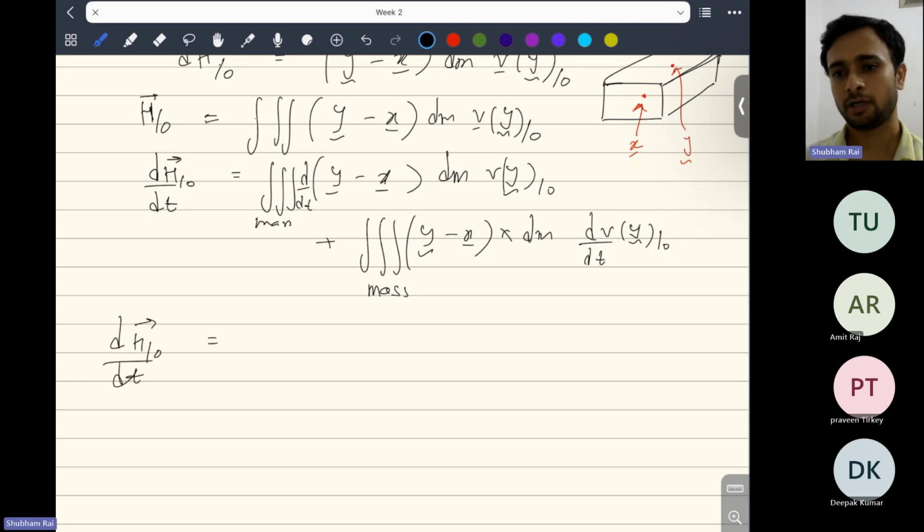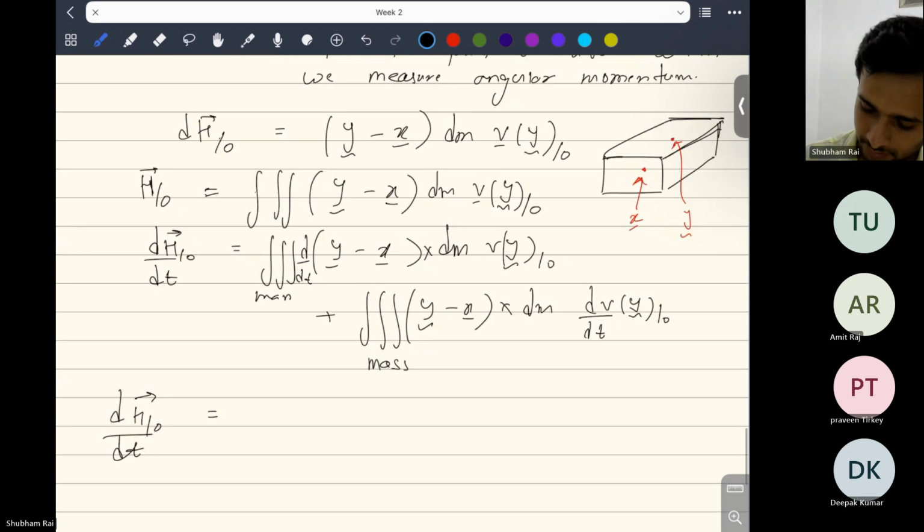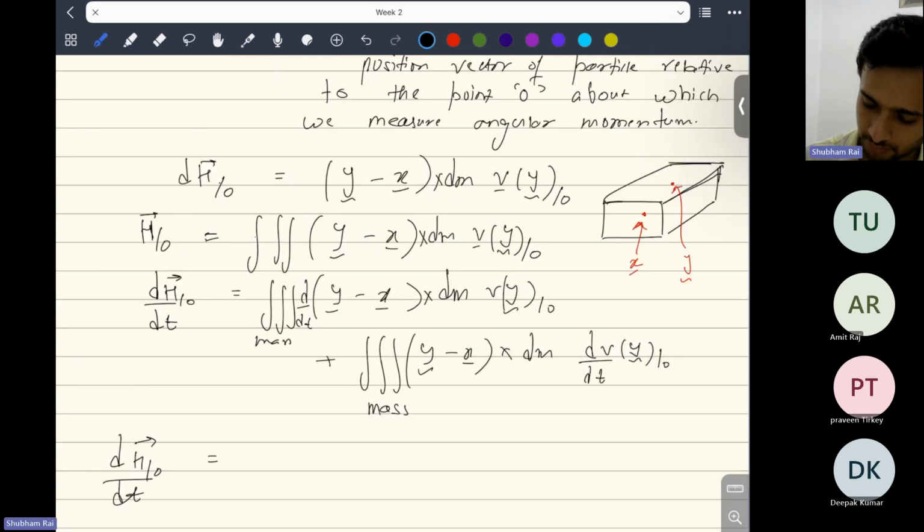the rate of change of angular momentum about point O will be the velocity of point y with respect to O, and here there was a cross product, because it is R cross linear momentum.